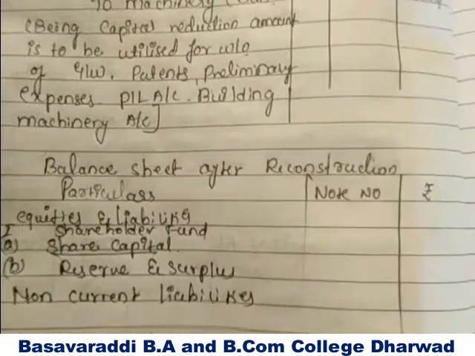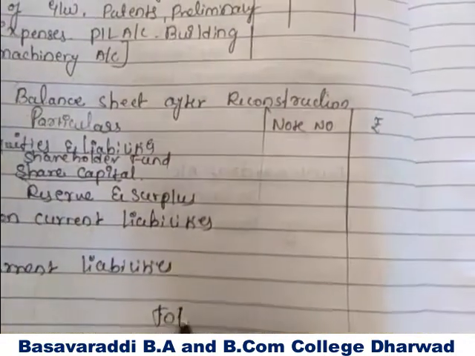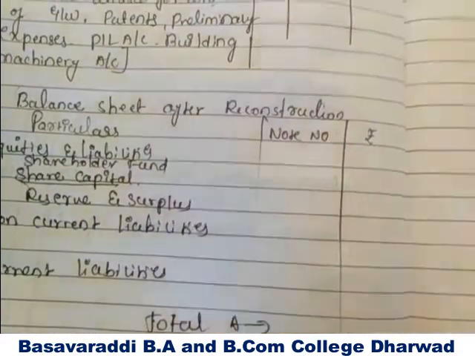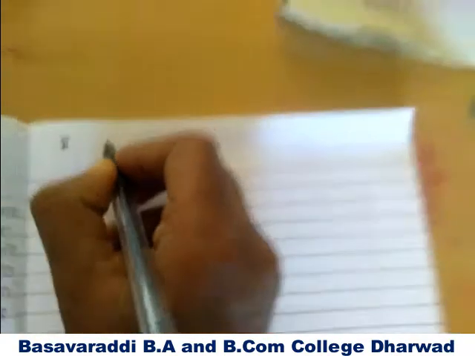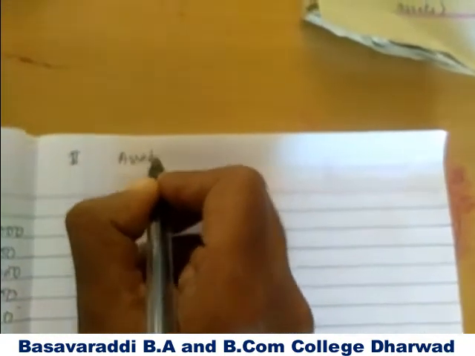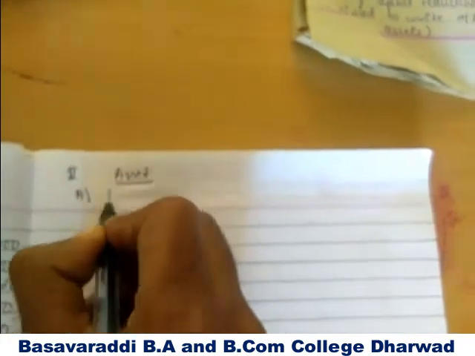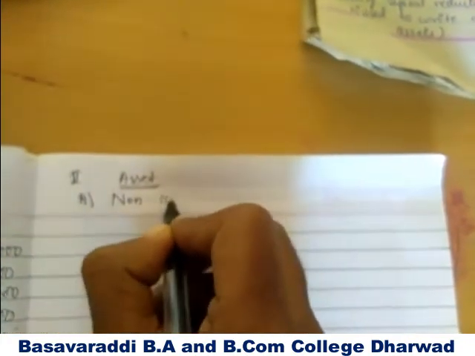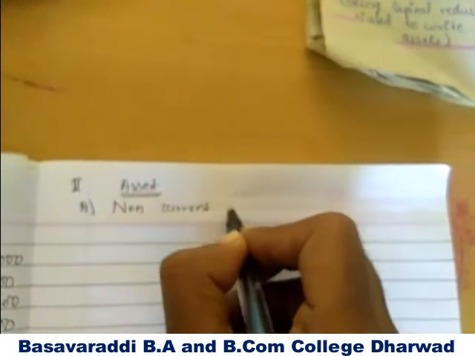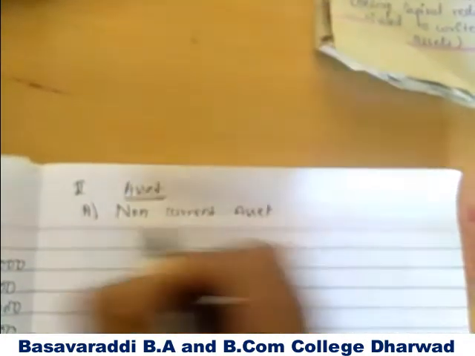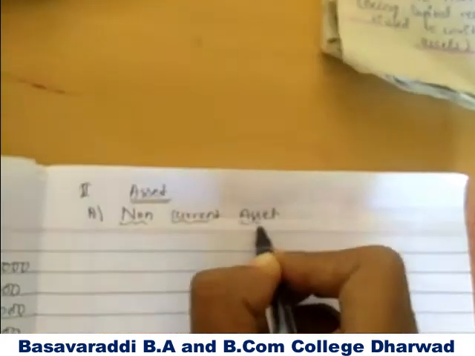Now, total A. Next, second, assets. In that, assets, first A1, non-current assets.